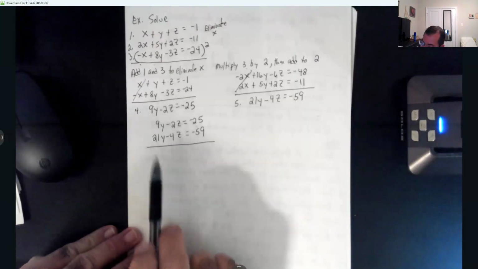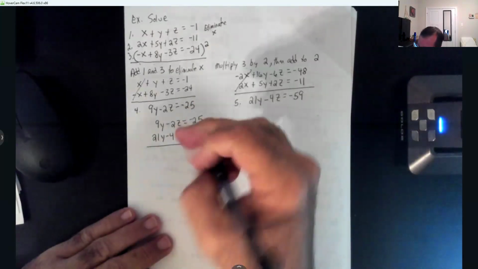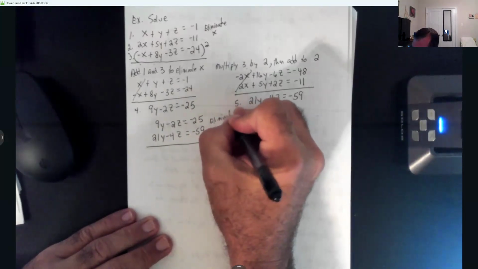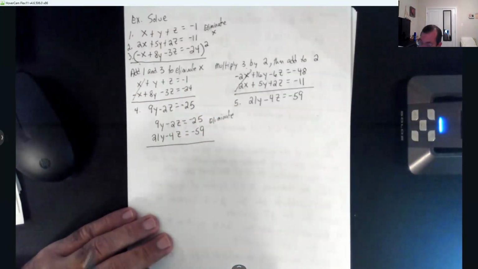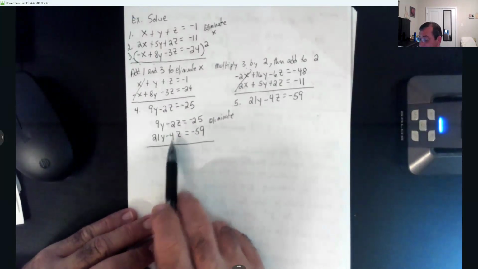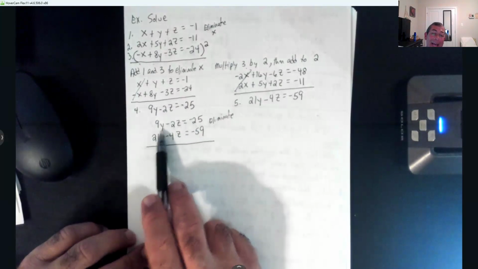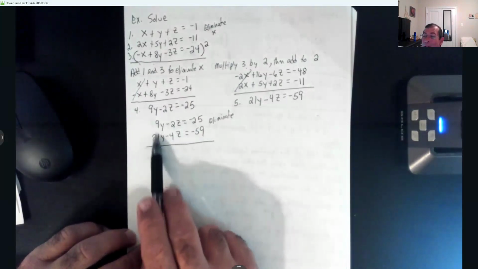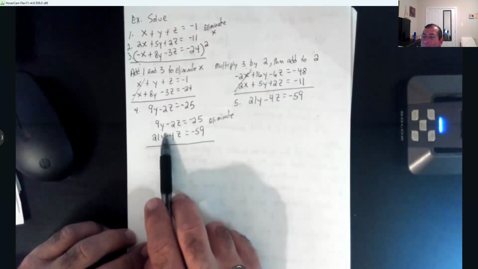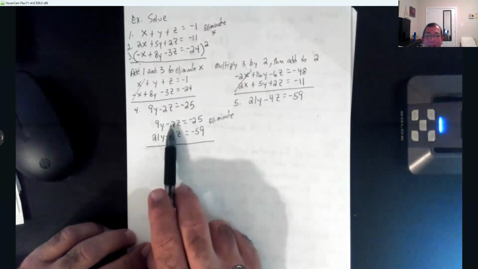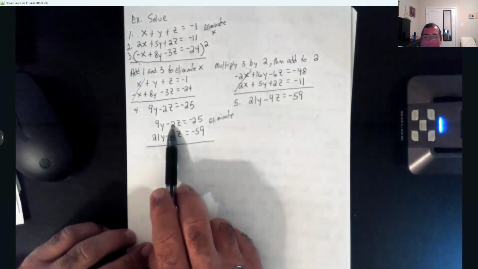Now, y'all, I got to pick a variable to eliminate. Well, I'm going to tell you on this one, it looks a lot easier to multiply to get rid of these Z's here than it does these Y's over here. You got a 9 and 21. I don't even know what the smallest number they'll both go into is. But a 2 and a 4 and a 2, I can change this 2 into a 4 real quick.